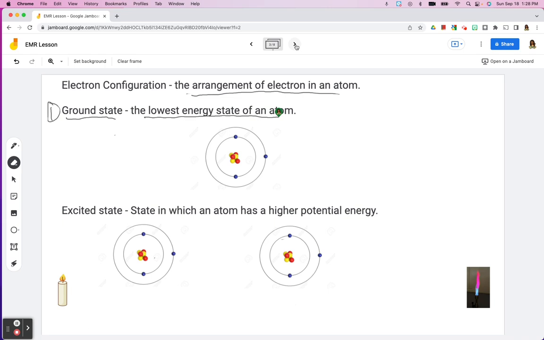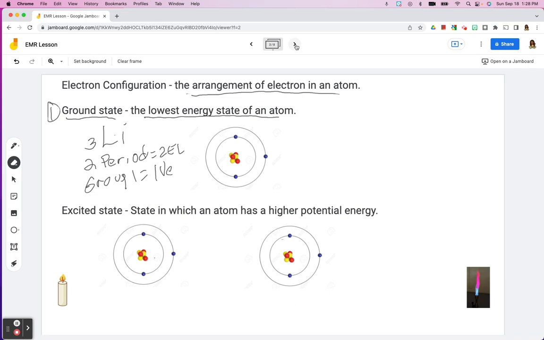Here, this Bohr model is of the element lithium, atomic number 3. Lithium is in the second period of the periodic table. Therefore, it has 2 energy levels. And it's in group 1 of the periodic table. Therefore, it has 1 valence electron.